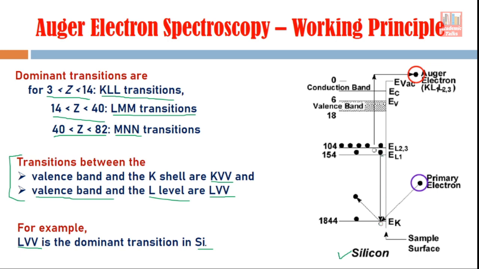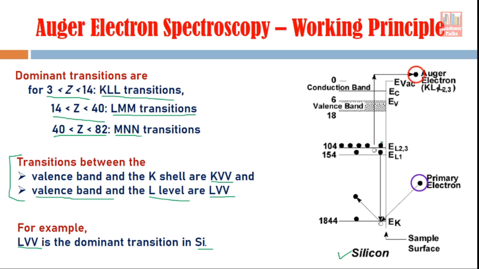The second electron is the electron which has transferred from L level to K level in order to fill this vacancy, and the third electron is the Auger electron, which in this present case was at L2,3 level, and which has been ejected out of the atom or the material, right. So 3 electrons are necessary for this entire phenomenon to take place.